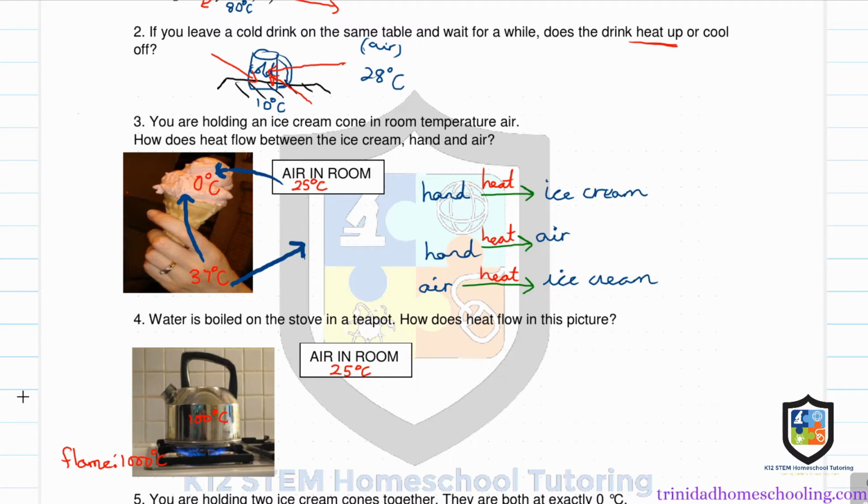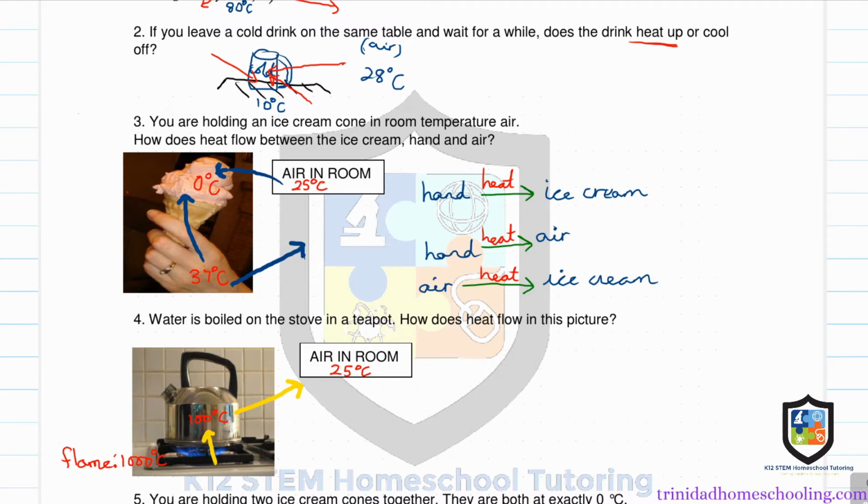How does heat flow? Well, it will move from the areas that are hotter to areas that are lower in temperature. It will move from the flame to the pot, and then the heat of the pot to the air in the room. The temperature of the pot and the water inside is higher than the air in the room.